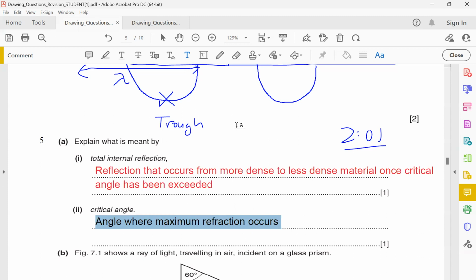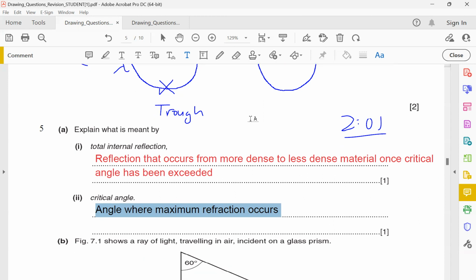If you think about it, at the critical angle, the refracted ray starts to go 90 degrees already, right? After the critical angle, total internal reflection occurs because you cannot refract anymore. That's why it's known as the angle of maximum refraction. Quite a common question, this one.